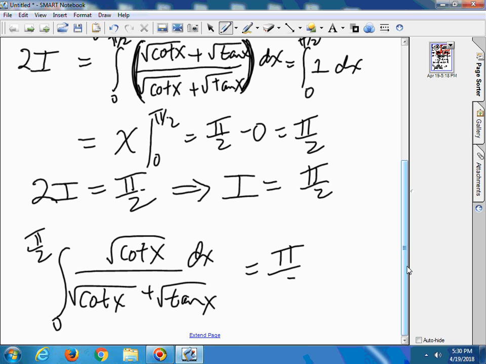This is nothing more than, okay, so I guess I didn't do my division right. If 2I is pi over 2, then I can't be pi over 2 as well. It's pi over 4. Sorry about that. Okay, so that integral is simply pi over 4.